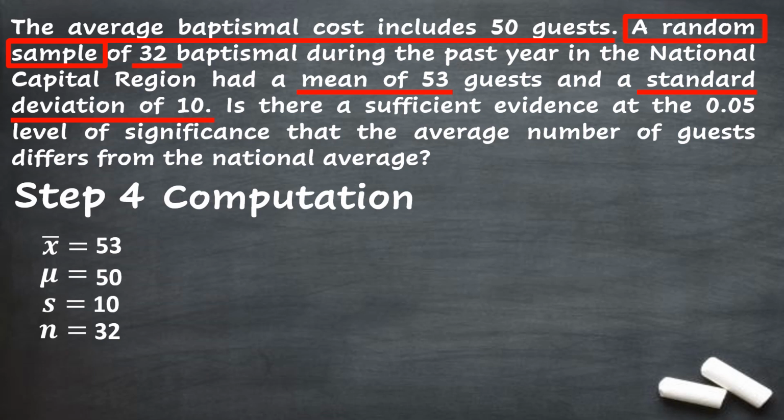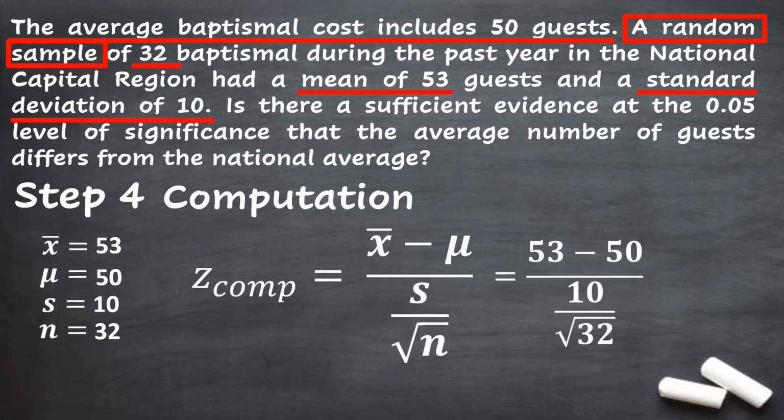But first, you have to choose what formula for one sample z-test are we going to use. Is it the one that uses the population standard deviation, or is it the formula that uses the sample standard deviation? So given this problem, the given value is the sample standard deviation. So we have to use the formula that uses the sample standard deviation.